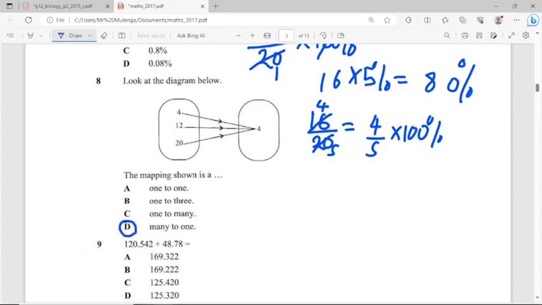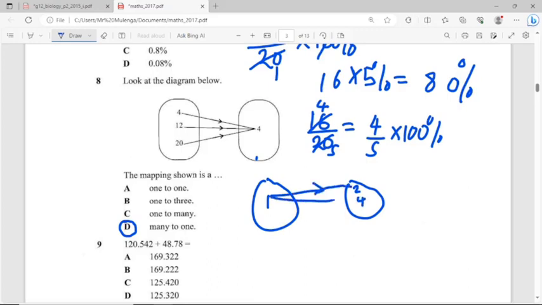Here it's many to one, which is only D. So if you had something like this, maybe you had 1 here, and here you had maybe 2 and 4, and this one was being mapped into 2, then again it's being mapped into 4 like this. This we will call 1 to many.